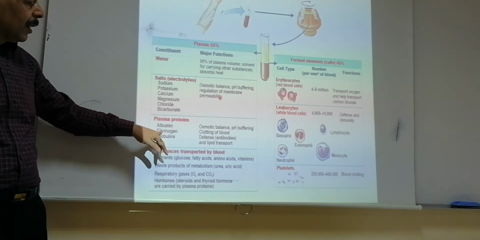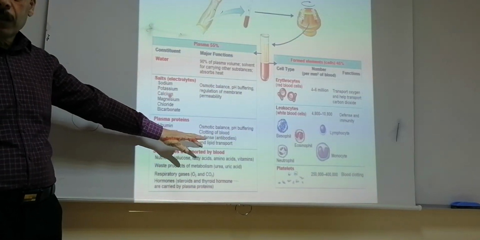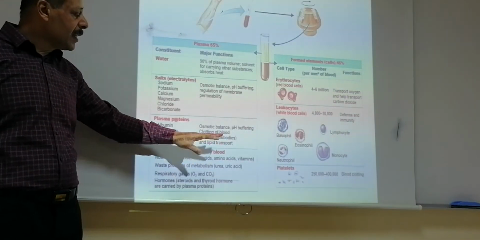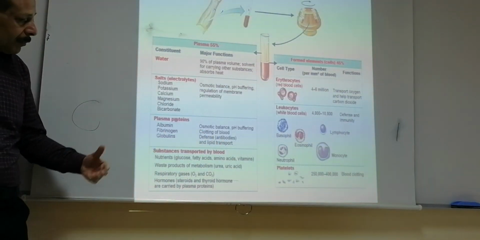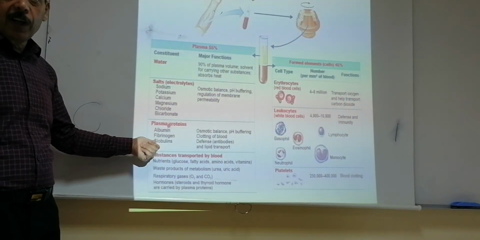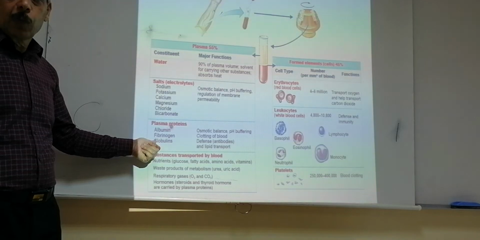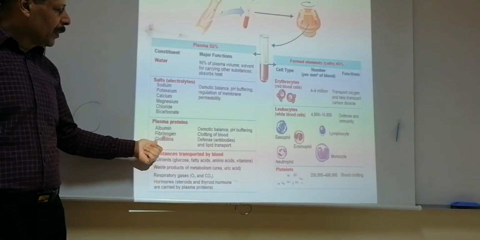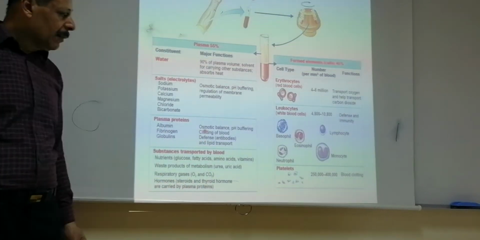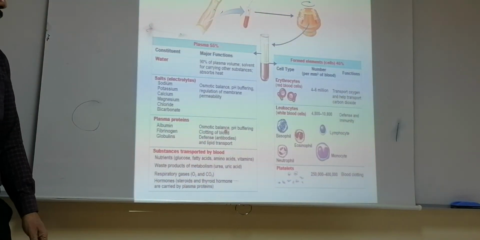Clotting is the fibrinogen, it will act in the clotting. Defense mechanism and formation of antibodies is the globulin. It will deal with the formation of antibodies, and also lipid transportation.